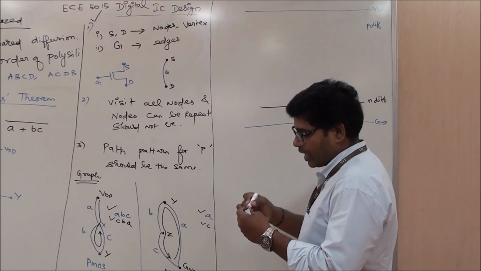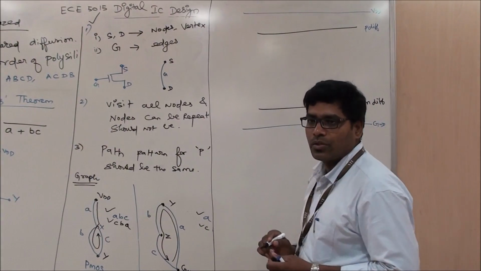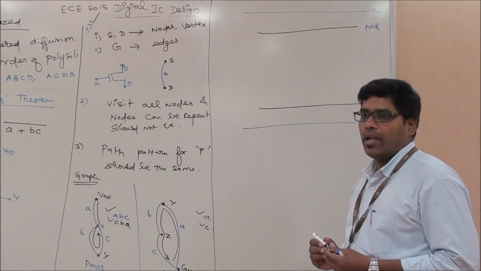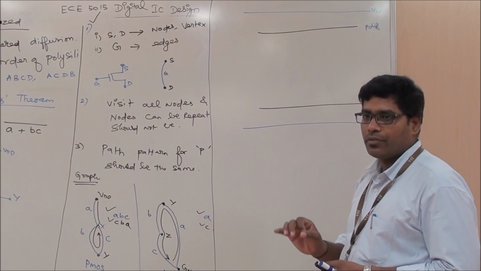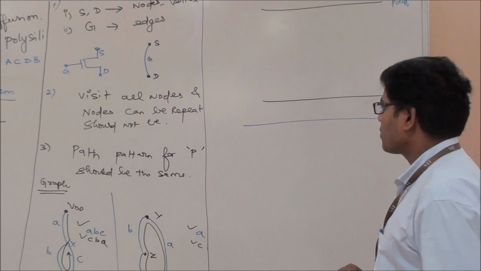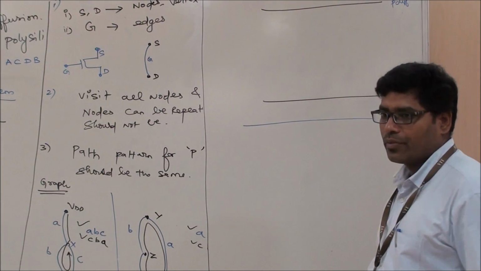We recommend you to use the corresponding color pencils or color sketch pens for drawing this stick diagram. That is mandatory. So at the top you have P diffusion and at the bottom you have N diffusion.